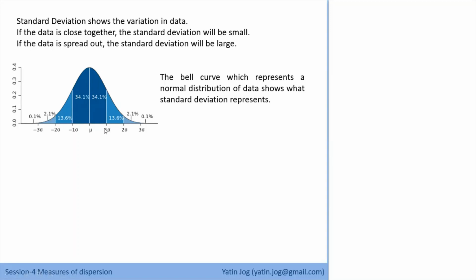Then the remaining points are distributed into 2 and 3 standard deviations, and accordingly you get the numbers 68, 95 and 99. So if your data set follows 68% in one standard deviation, 95% in 2 standard deviations, 99% in 3 standard deviations, that means your data is following the normal curve. Your data is normal in nature.